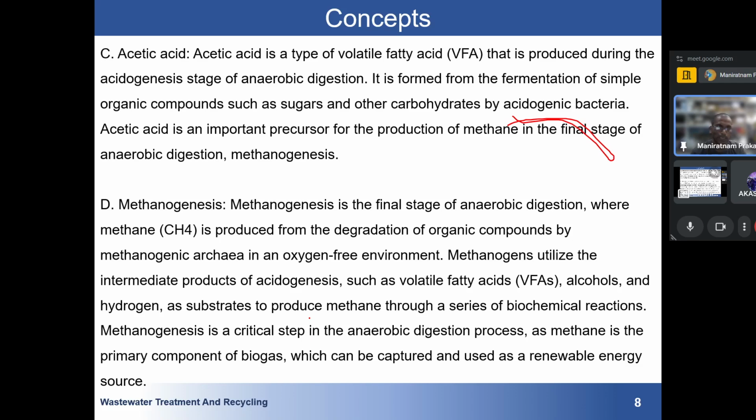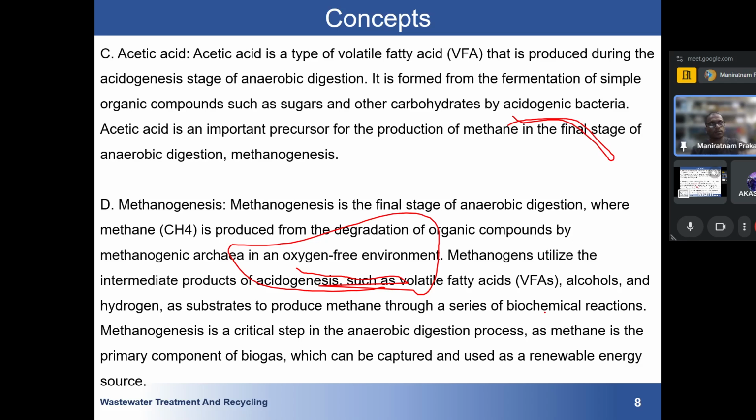Methanogenesis, that is the formation of methane, is the final stage of anaerobic digestion, where methane is produced from the degradation of organic compounds by methanogenic archaea in oxygen-free environments. Remember, as it is anaerobic, there is an oxygen-free environment. Methanogenesis utilizes the intermediate products of acetogenesis such as VFAs, alcohol, and hydrogen as substrate to produce methane through a series of biochemical reactions.